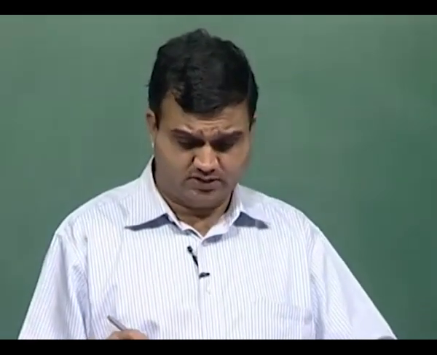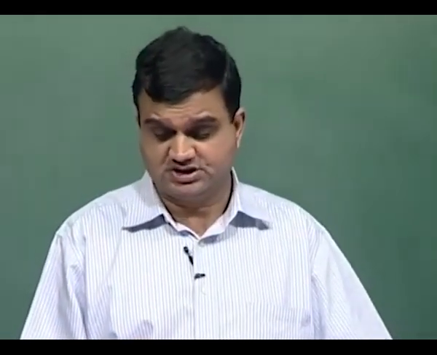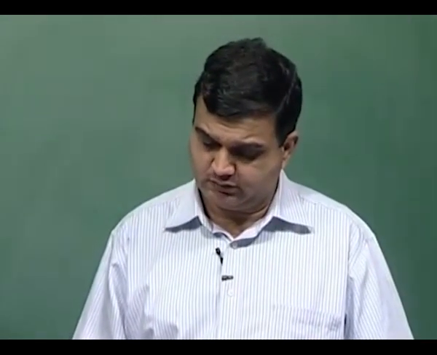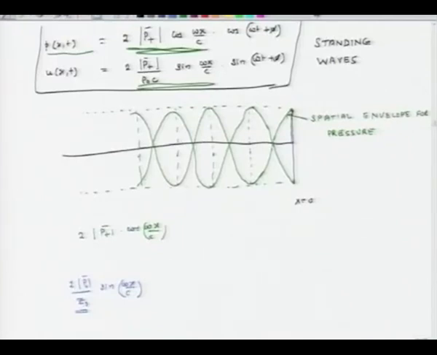If I have to plot the spatial envelope for velocity, its magnitude is going to be 2 p plus over z naught. Because z naught is more than 1, it is going to be lesser than the spatial envelope for pressure. So, let us say that the envelopes are limited by this blue dotted line.